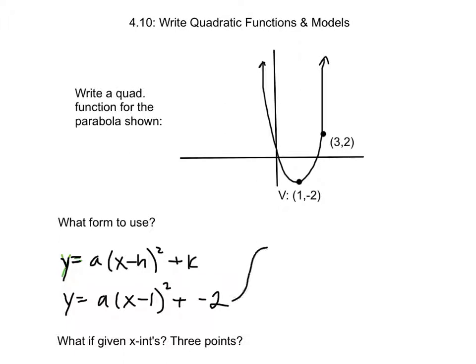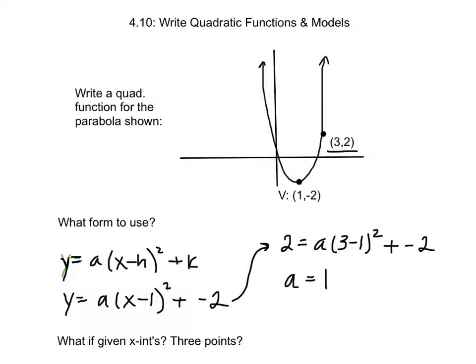Next, we're going to plug in our point here, (3, 2), for our x and y in the equation. So 2 equals a times (3 minus 1) squared plus negative 2, or just minus 2. And we're going to solve for a.